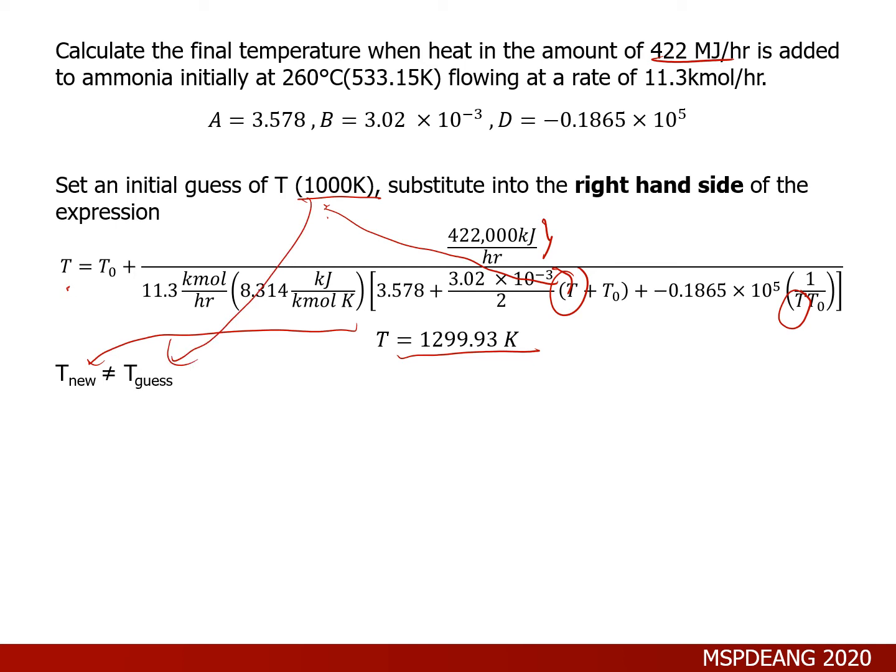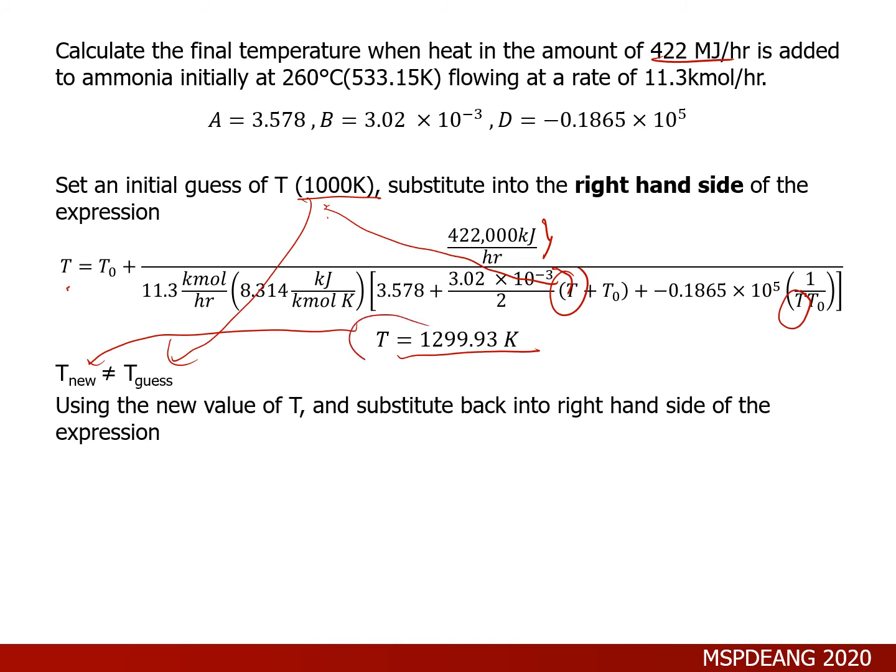So we will circle back: we use this new value of the temperature and substitute it back into the right-hand side of the expression. Repeat that until you reach a certain convergence.